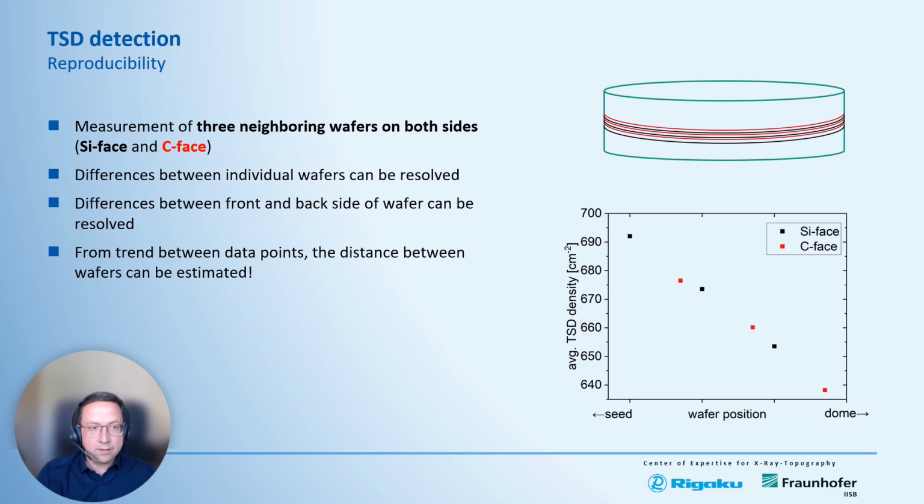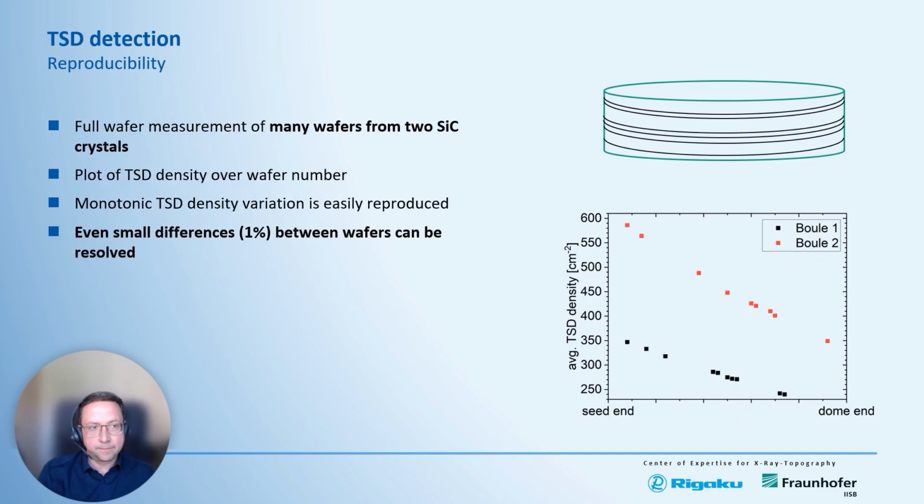And you can see that the differences between the individual wafers can be easily resolved. Furthermore, we can easily distinguish between front side and back side of the wafers, and from the trend, so to say, between the data points, the distance between the different wafers can be estimated. So this is really already a great achievement in terms of reproducibility and accuracy.